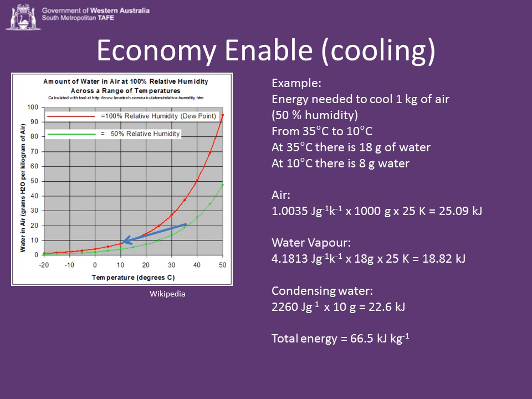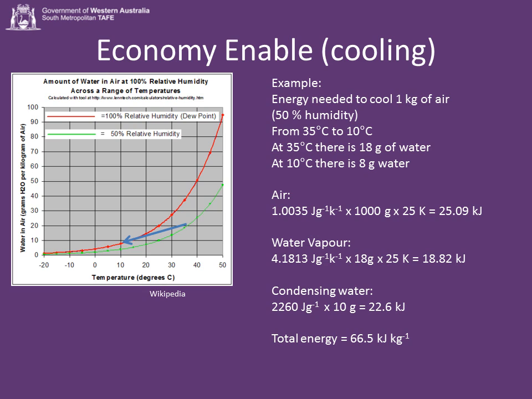We're going to cool it to 10 degree air at 100% humidity, which contains 8 grams of water. So 10 grams of water have to be condensed out. Right, let's look at the numbers.